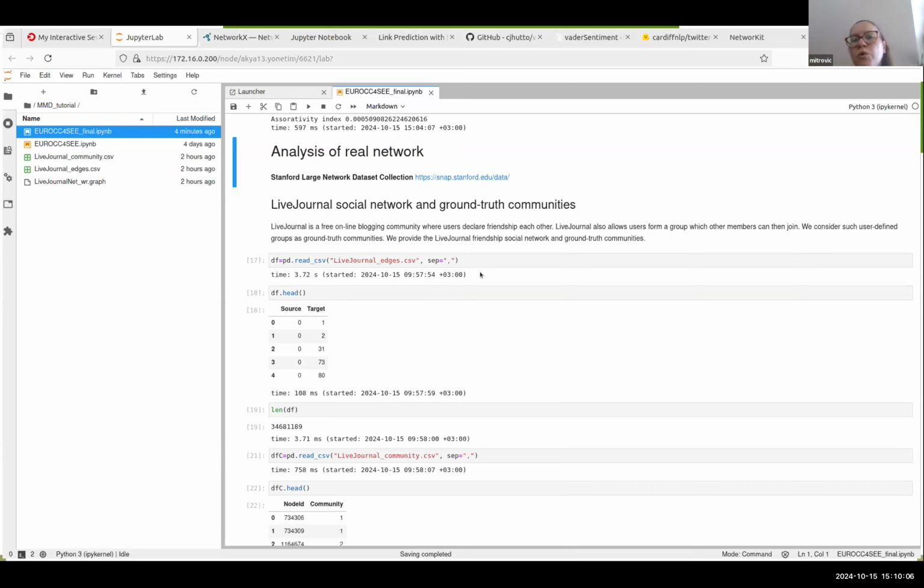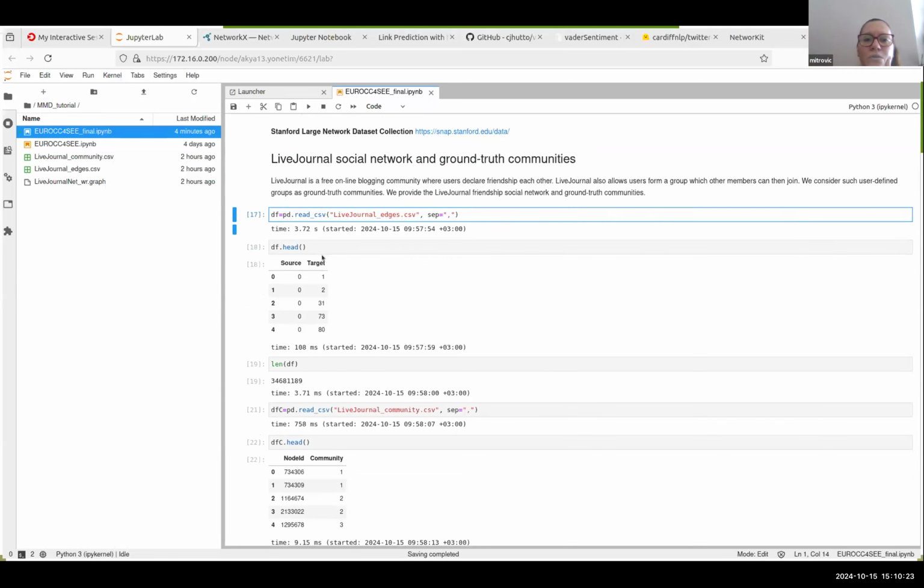But I will show you how you can compare community structures found using one algorithm and another, and see whether your analysis is bringing something interesting.